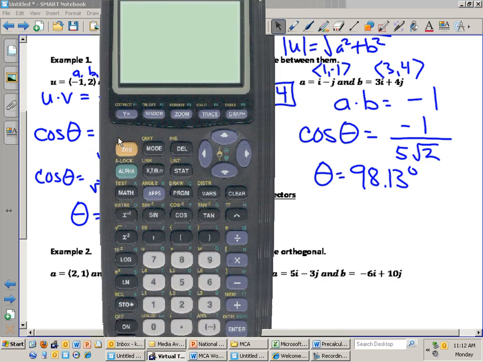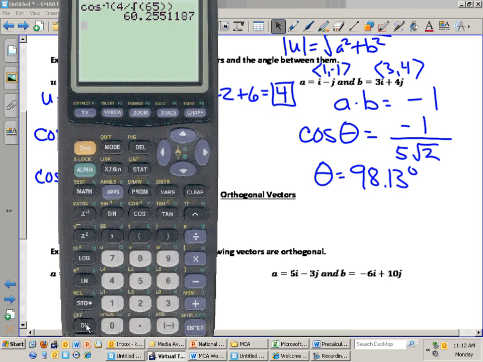Now, let's make sure we got this. If we do cosine inverse of negative 1 divided by the square root of 50, we get 98.13. So you maybe forgot a set of parentheses. Well, the square root of 50 is 5 square roots of 2.